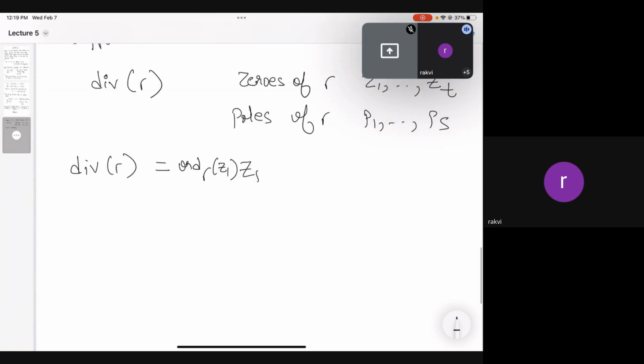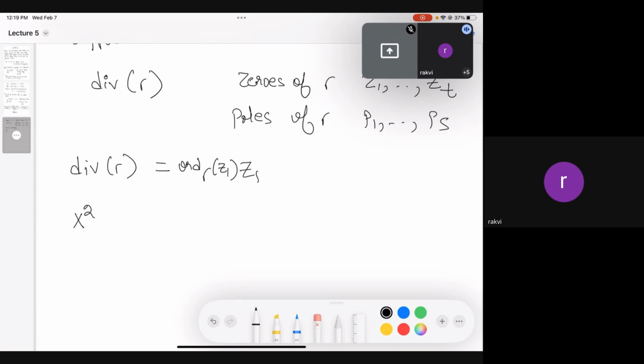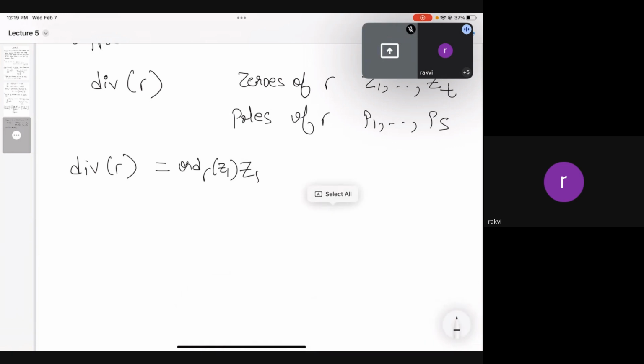Just to give an example, if my function is x squared, then 0 is a zero of order 2. That's what I mean by order. And if my function was 1 over x squared, then 0 would be a pole of order 2. So that's what I do: I collect all the poles and zeros, and my coefficients are the orders of them.